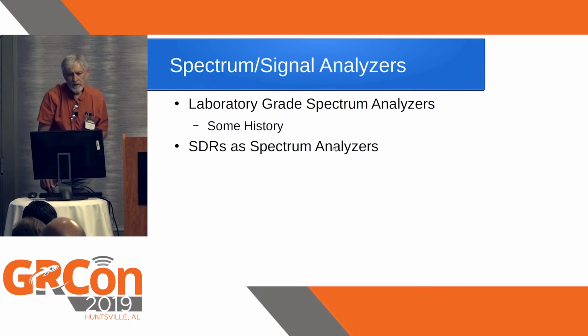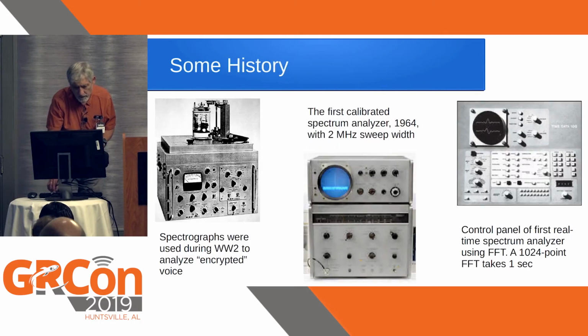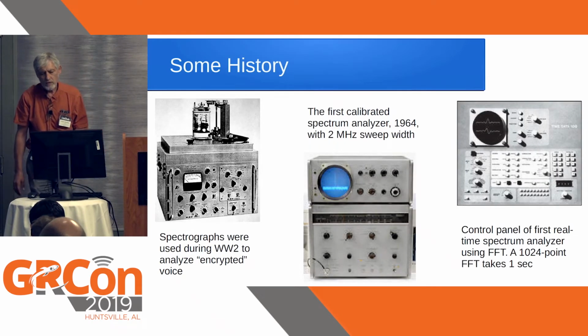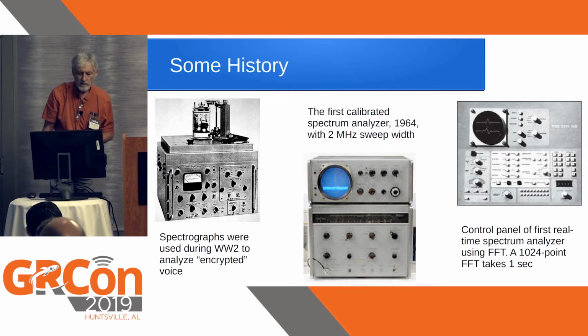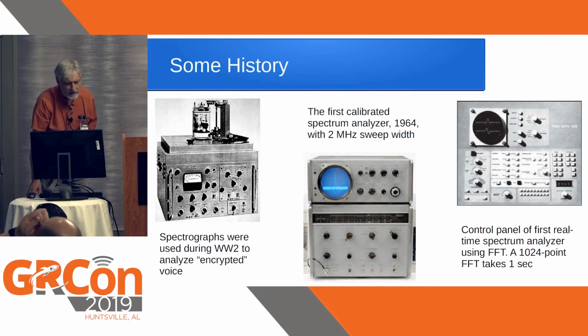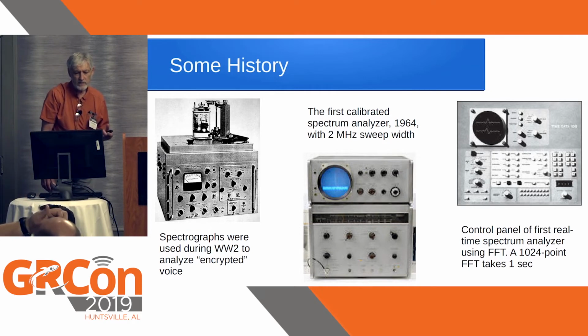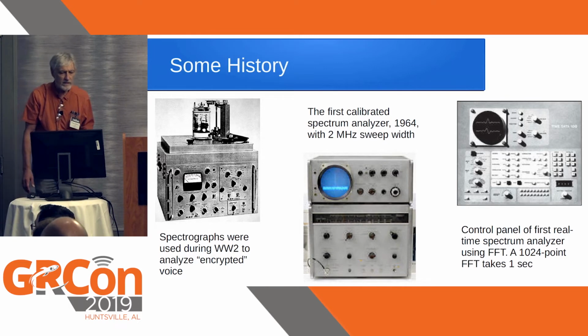Okay, now looking at spectrum or signal analyzers. Here is a selection of a few old ones. During World War II, they used spectrographs, as they were called, which used a piece of paper that's rotating around and recording whatever the spectrum is for analyzing voice signals that in those days were encrypted by just shifting the frequency range of the signal.